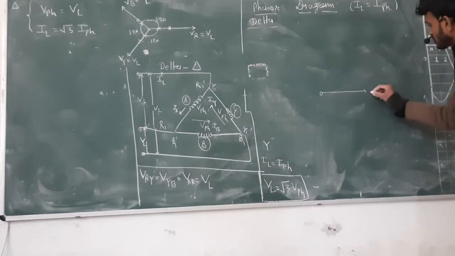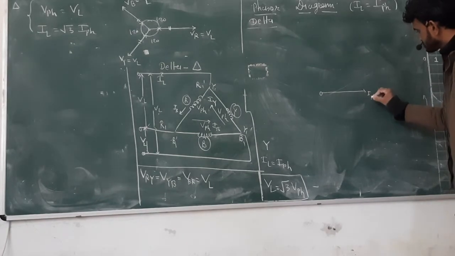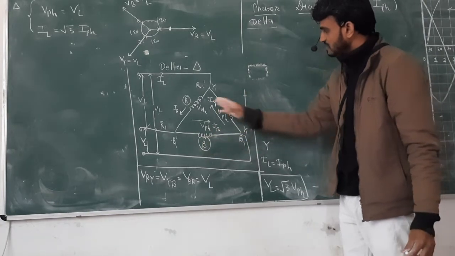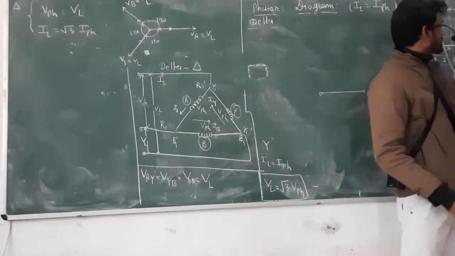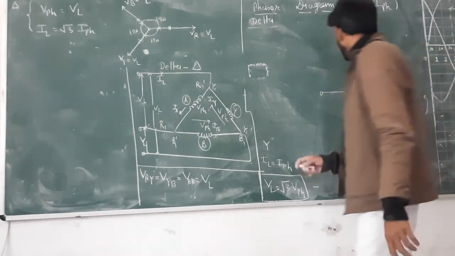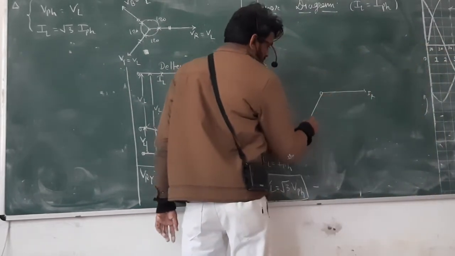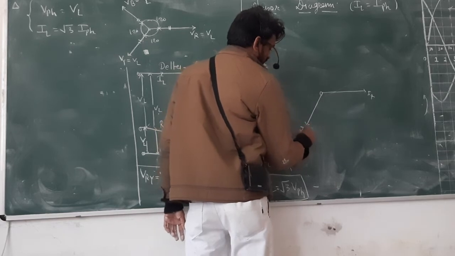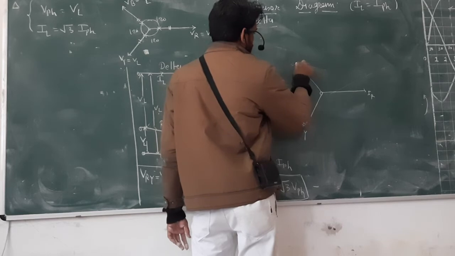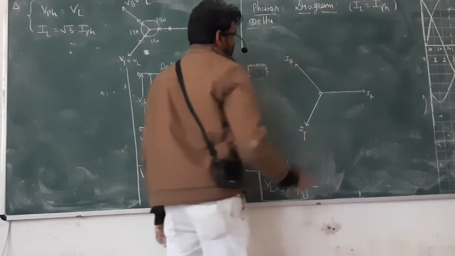So first I will draw the phase current IR, because we know that these are the windings, and the three-phase currents also follow the same pattern, maximum magnitude and 120 degrees apart. So here IR, somewhere here IY, and in this direction IB.